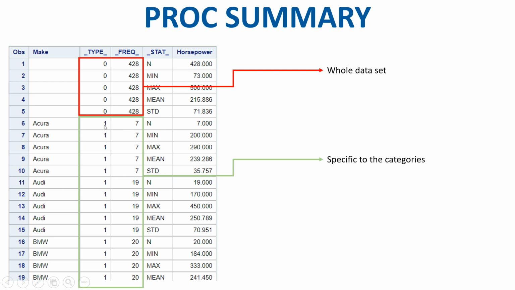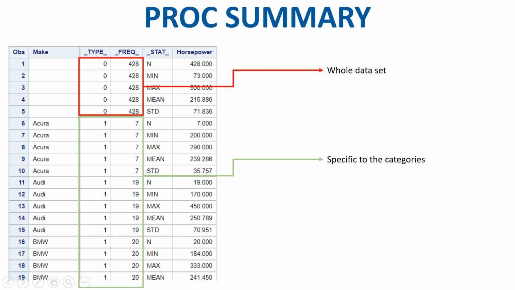For example, the values here in the type column are 1, and here the values are 7. What does this mean? This means Acura make has 7 records in the supplied data, and this descriptive statistical summary is for Acura only. Now here it is 19. That means for Audi we have 19 rows in the data. The frequency is 19, so we have 19 records in the data.